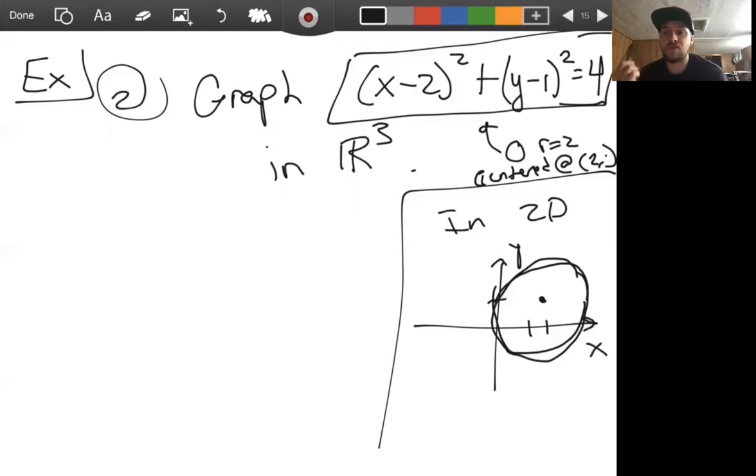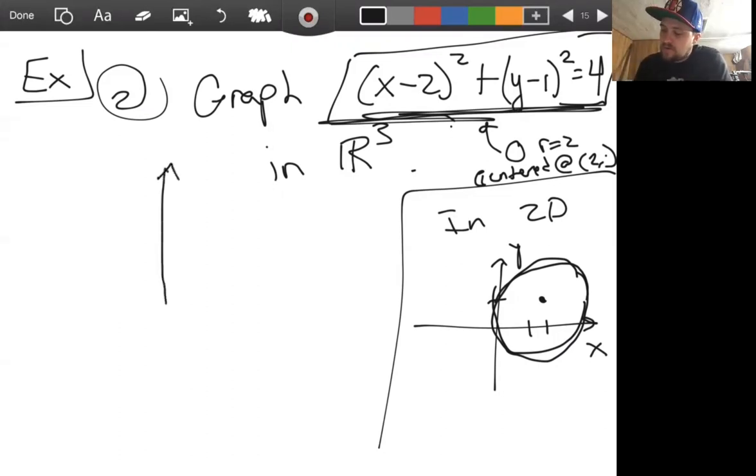Remember I said equations in three-dimensional space, or equations in general, tell you your rules and restrictions for what possible points this surface can include, right? And so what this is telling me is I have this two-dimensional restriction. This (x - 2)^2 + (y - 1)^2 must equal 4, but I have no restriction in the z direction.